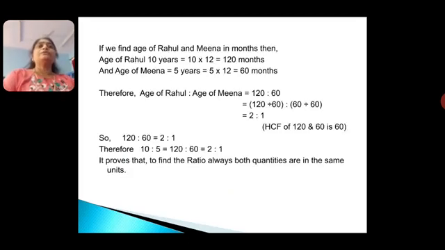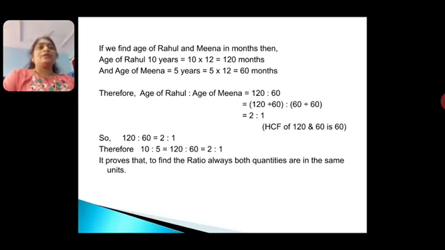Now, if we find the ages of Rahul and Meena both in months, then the age of Rahul equals 10 years, means 10 into 12, 120 months. And the age of Meena equals 5 years, that means 5 into 12 equals 60 months. Now we find the ratio.